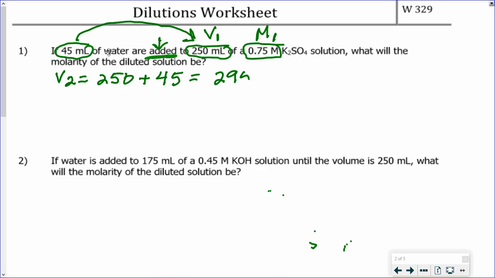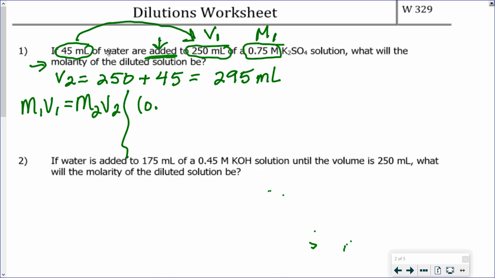So it's asking what is the molarity of the diluted solution. So if I have my M1, V1, M2, V2, my M1 is 0.75. My V1 is 250. My M2, that's what I'm looking for. And my V2 is that 295 that I calculated.